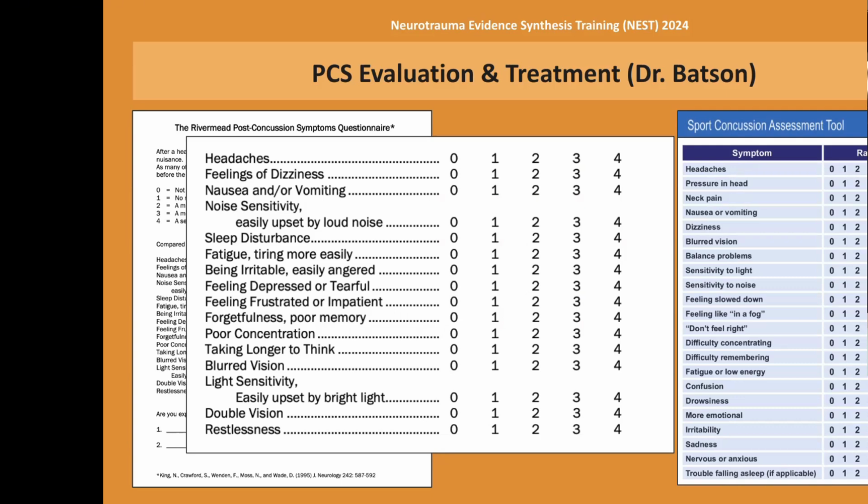And not all individuals will have all post-concussion symptoms. And that's why the criteria does not require that you have all 16 of these symptoms that are in the Rivermead. As Laura mentioned, the Rivermead is also divided into two. So you have the RPQ3, which is the first 3 symptoms, and then you have the RPQ13, which is the next 13. And then the conglomeration of those is 16 questions.